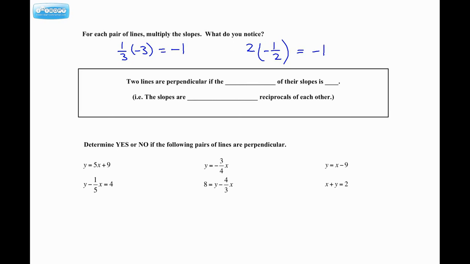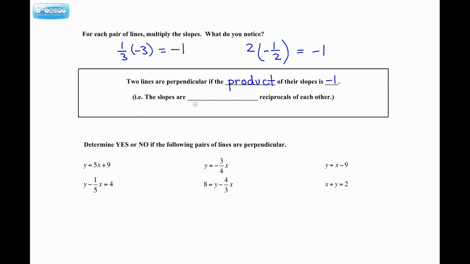So let's do this a bit more formally. Two lines are perpendicular if the what of their slopes is blank. When you multiply numbers together, that's called taking the product. So if you multiply two slopes together and you get an answer of negative 1, then you know that they are perpendicular to each other.